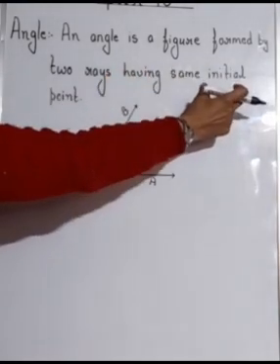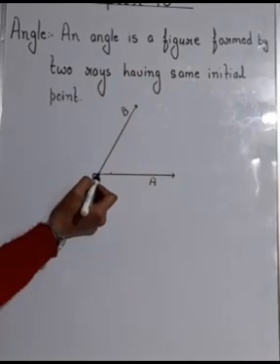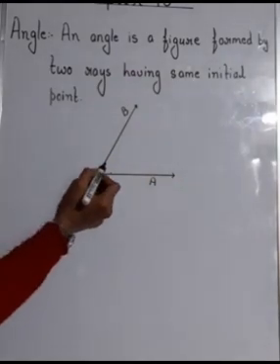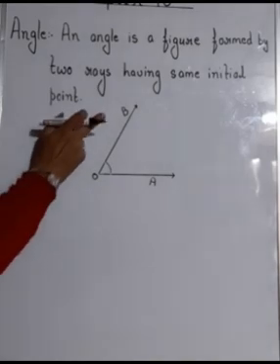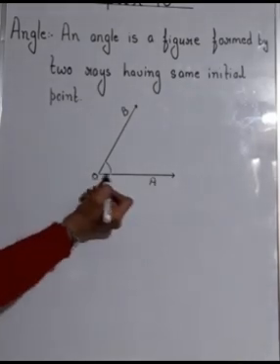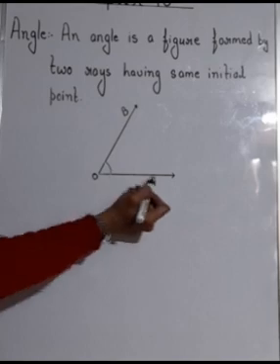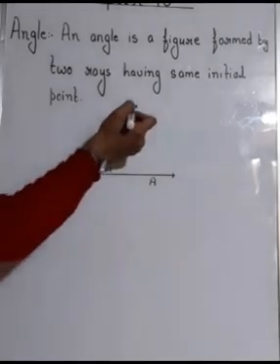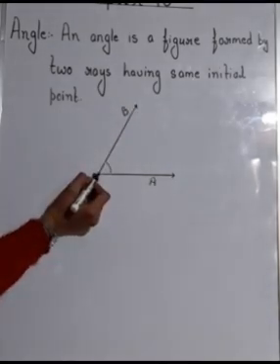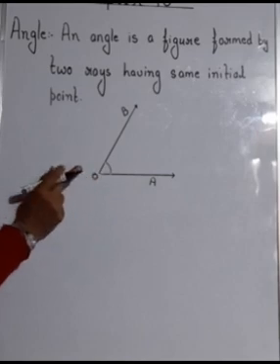Initial means starting point. So what is the starting point? This is O. So here the angle is forming. Clear? So an angle is a figure formed by two rays, OA and OB, having the same initial point or starting point, that is O.